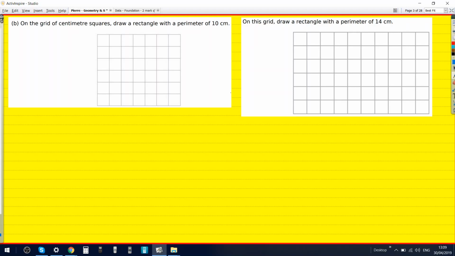Draw a rectangle. The perimeter of 5 centimeters. So 5 centimeters. So it's going to be.